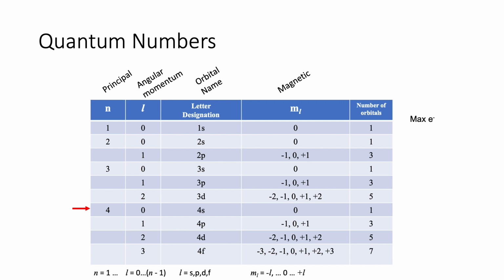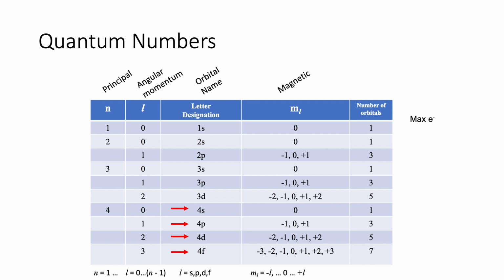For our final example, we'll look at principal quantum number 4. When n equals 4, the angular momentum can be 0, 1, 2, or 3. These combinations give us orbitals of 4s, 4p, 4d, and 4f.